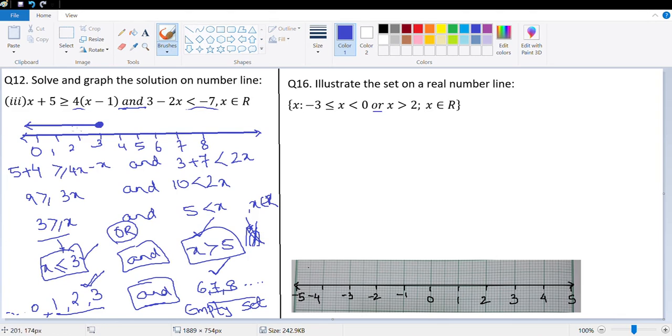So this is part 1. And it said "or", which means any number which is more than 5 also is a solution set, but 5 is not included. This would have been the solution set represented on a number line had the term between them been "or". If you remember sets from class 8, this basically means union, which means this plus this.